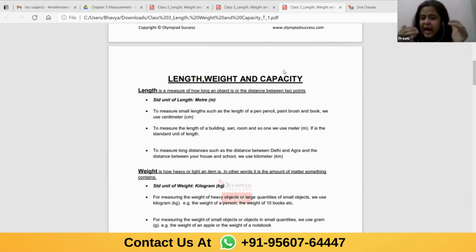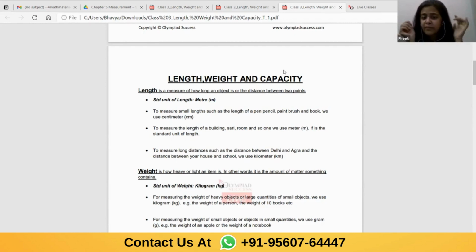Okay, let's see how it differs. To measure very small lengths, such as the length of a pen or pencil or paintbrush or book, we use centimeters. So this gives you an idea of how big an object we can use centimeters for.